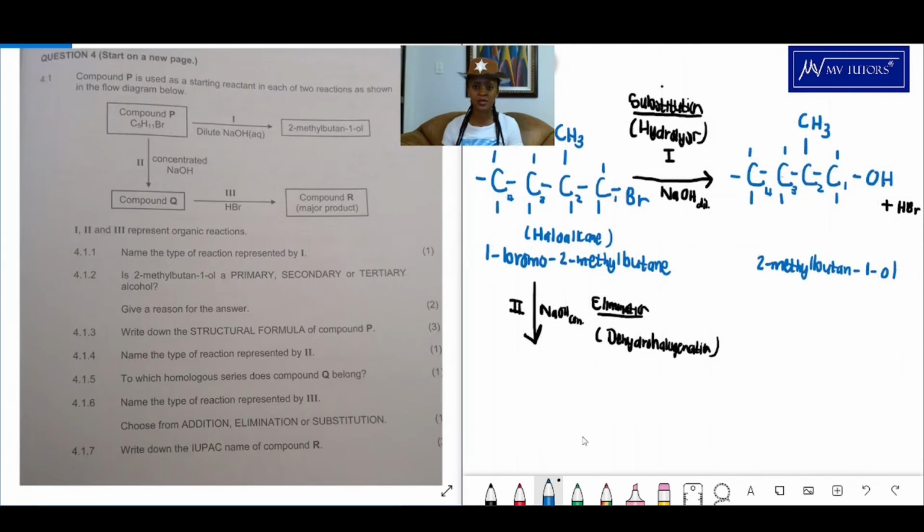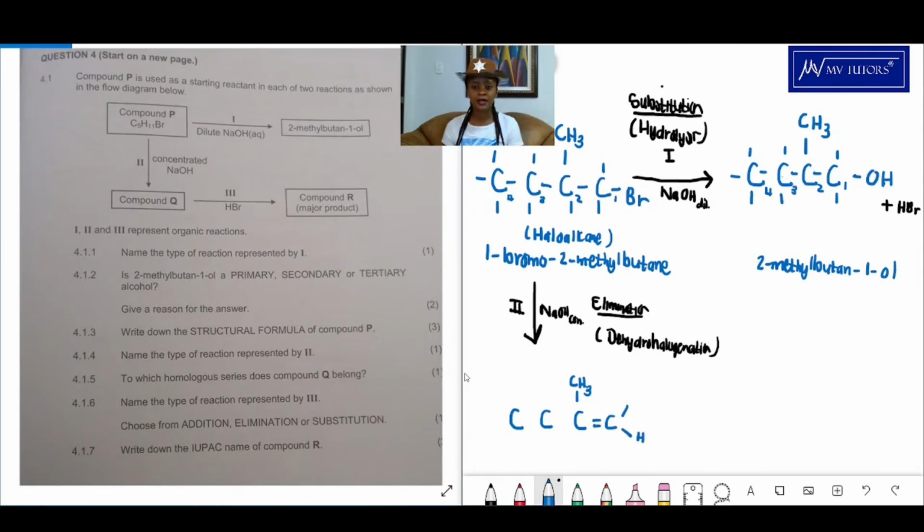Okay, and what then do we have? Sorry, I know parts of it are going to be hidden, but you still have your 4 carbon atoms, and you're still going to have your methyl group on the second one. But because we are eliminating, what are we eliminating? We are eliminating a hydrogen, and we are also eliminating a halogen, so you're going to have a double bond over there.